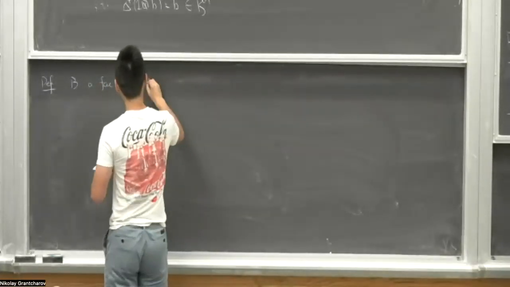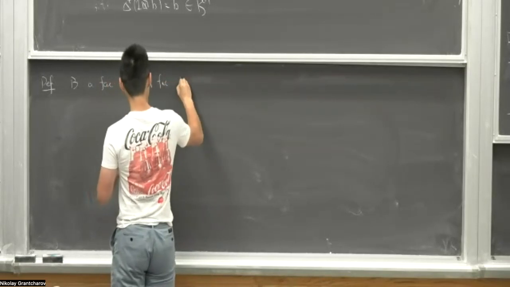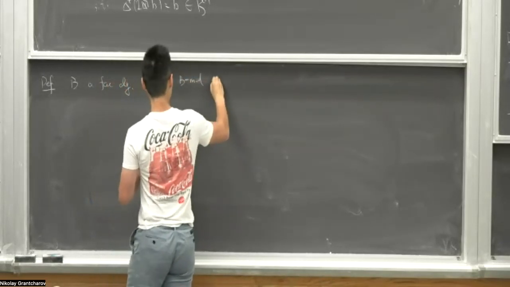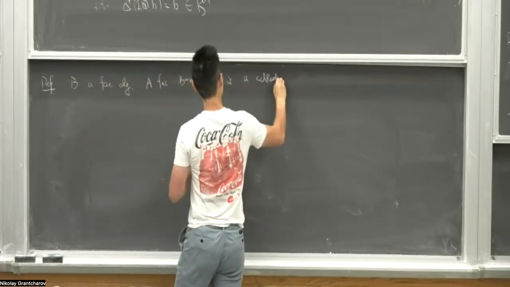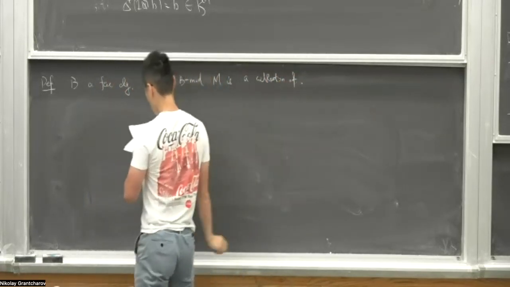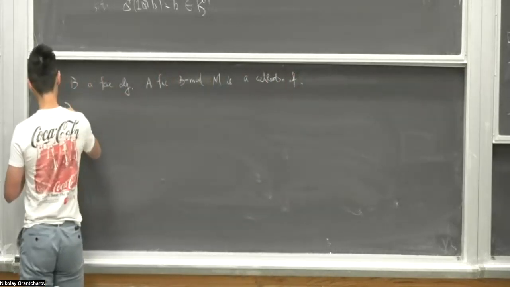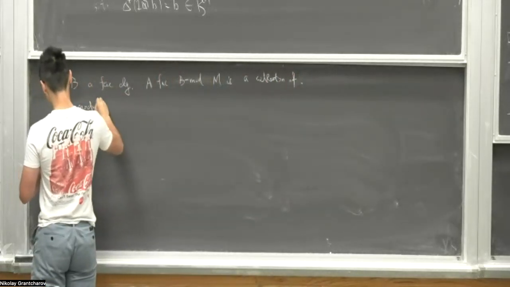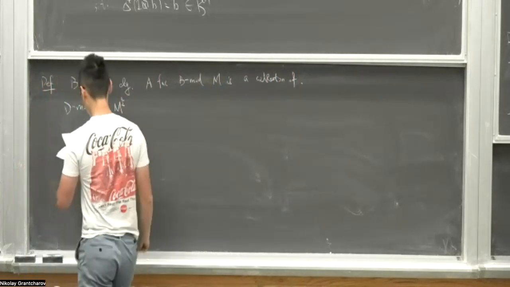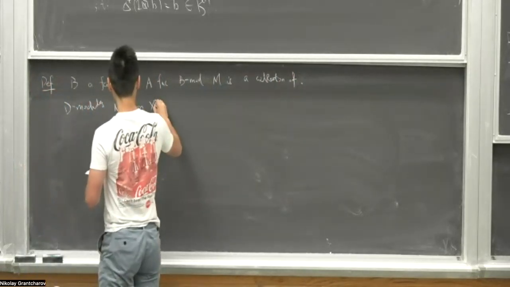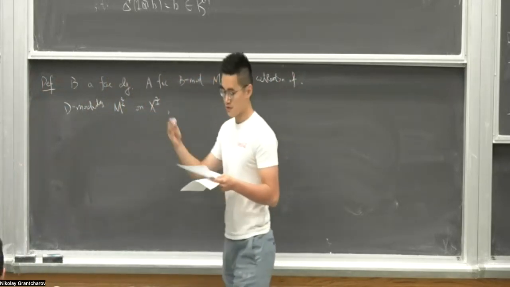So a factorization D module M is a collection of D modules over I tilde times X, where I tilde is just I plus a point.